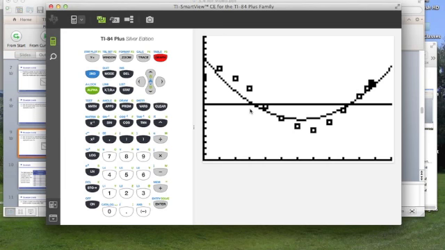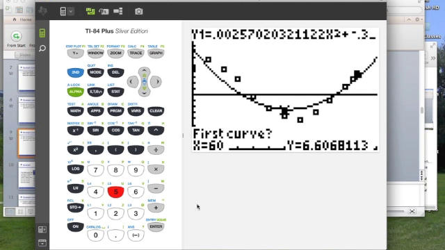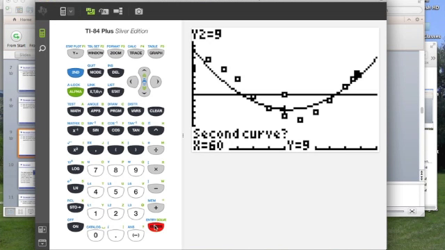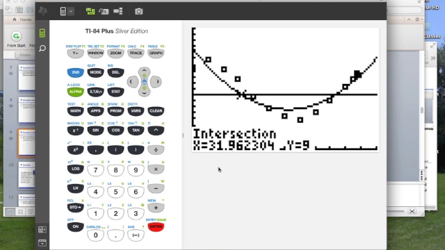Now the directions, we want an intersection, number 5. We really have 2 points, so let's take a guess at this one first, at 30. Enter. We'll find out that it's 31.69.